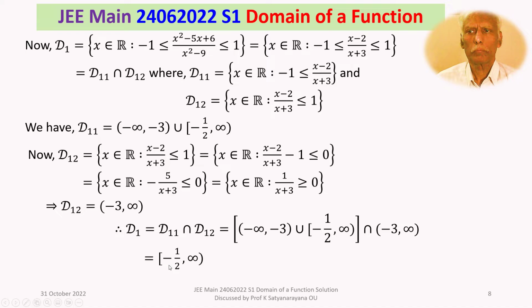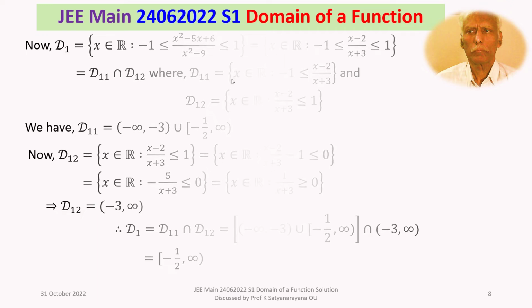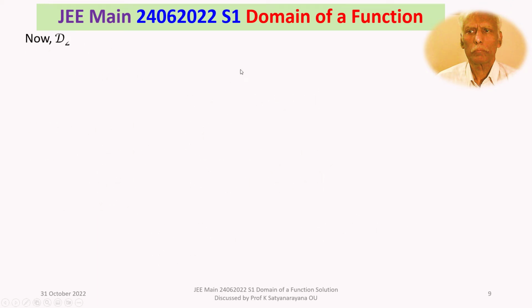Agreed. If you want clarity, draw the real number line and the respective intervals and see what the intersection is. So D1, the domain of the numerator, we have found. Now let's get into the domain of the denominator.